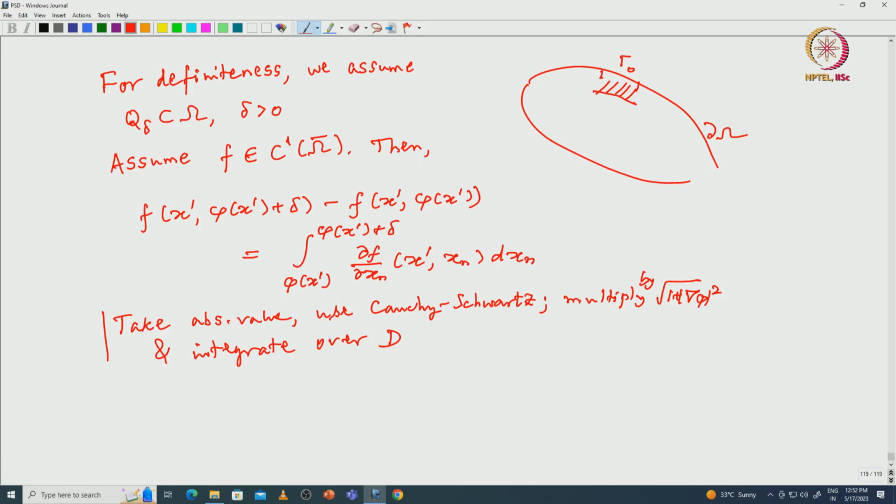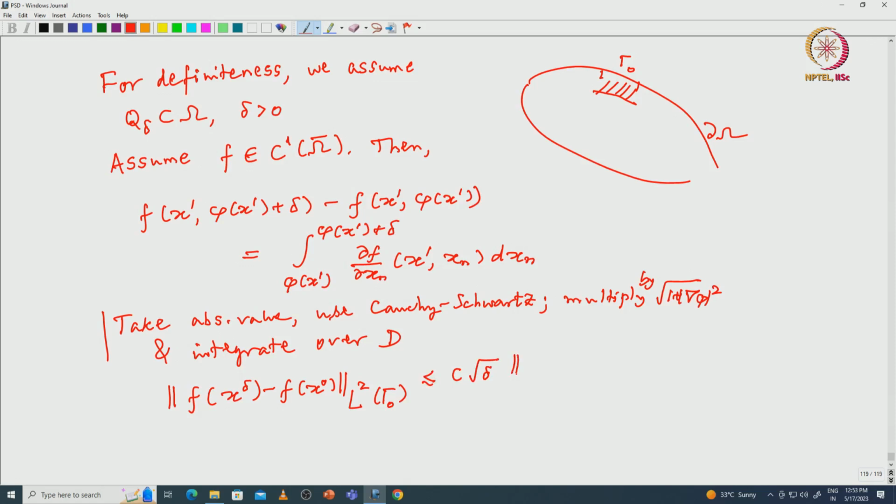So, this norm of f of x prime, delta minus f of x prime, 0 in L2 of gamma 0 is less than or equal to some constant times the H1 norm of f on Q delta. Let me just write delta we are taking positive.